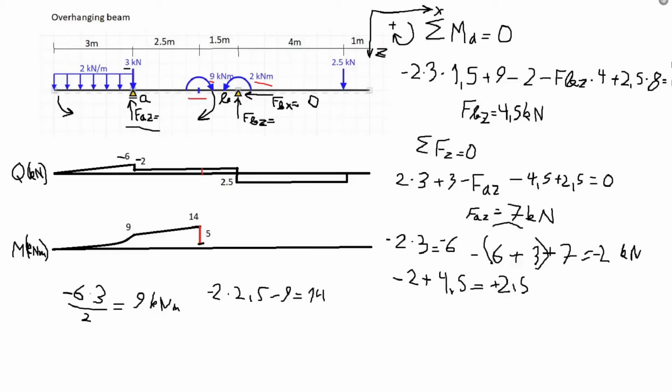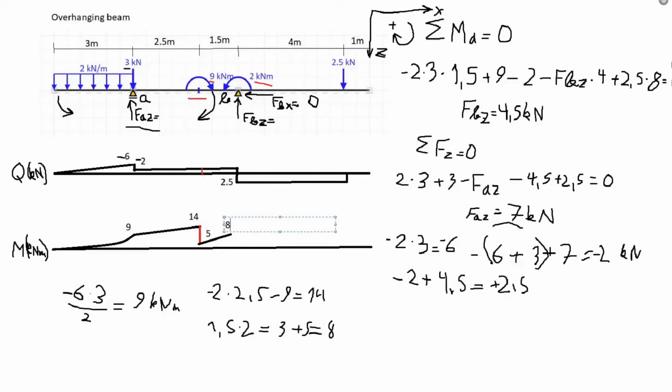Next up we have again a rectangle which will give us a linear line, and let's calculate the magnitude. So 1.5, which is the distance, times 2 will give us 3, plus 5 will give us an 8. So a negative 8 kilonewton meter moment.